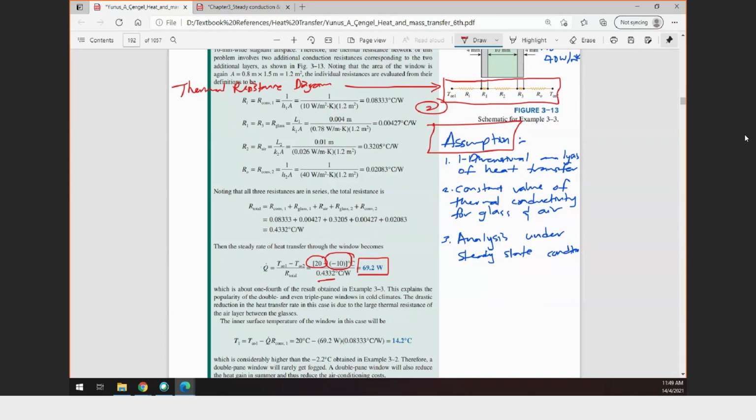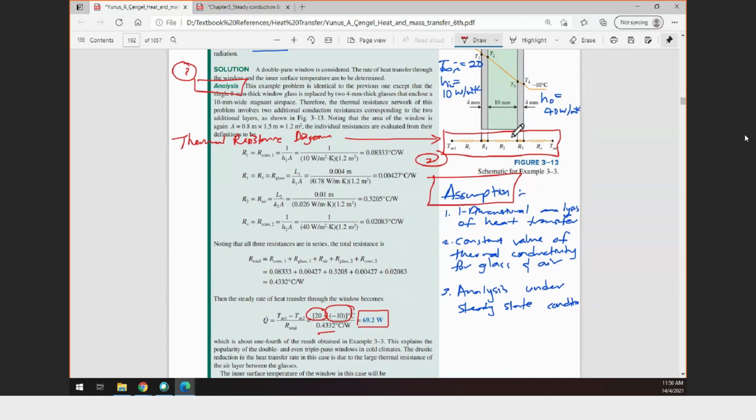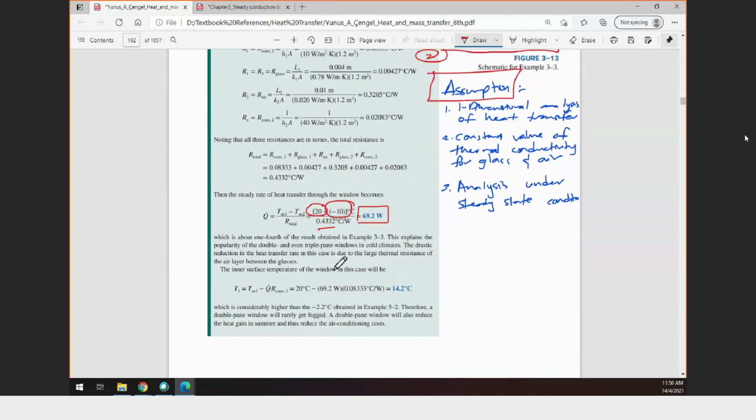If you want to find the temperature in any section of this system, you can use this value 69.2 with the corresponding resistance in the particular temperature section.